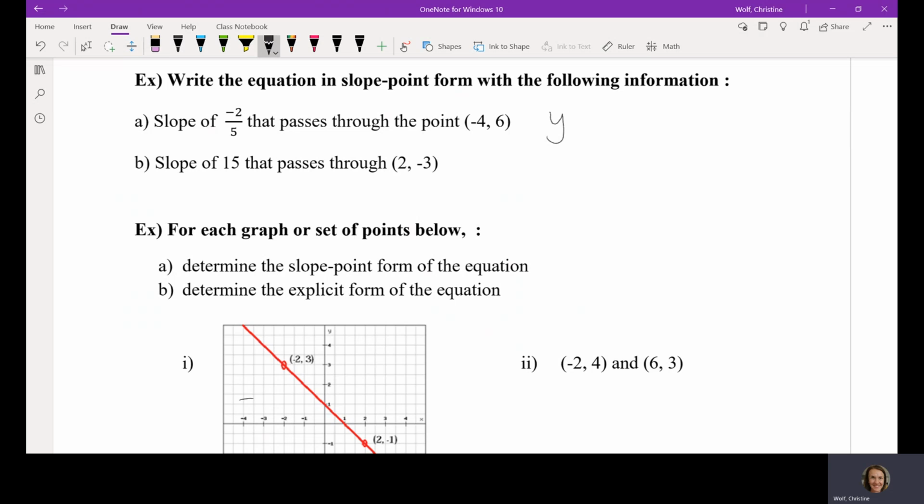So what am I going to write? -6, right? So if it was a +6 in the point, that means it must have been negative in the bracket, because we always switch the symbol when we brought it out. Equals, and then the slope is -2/5. Open up your bracket, and then you have the letter x with the x value, which is -4, so that means it was a +4 in the equation.